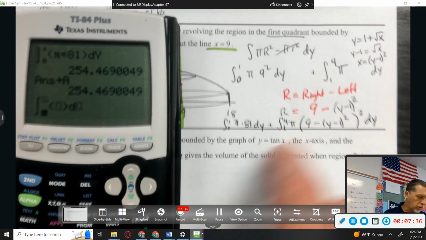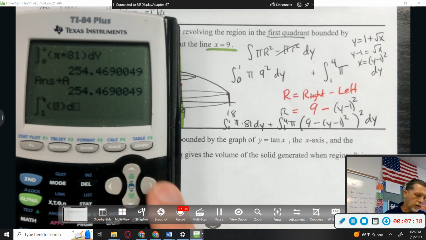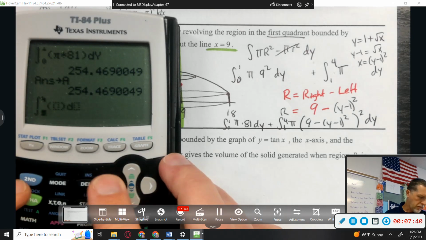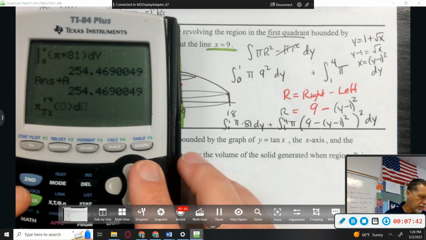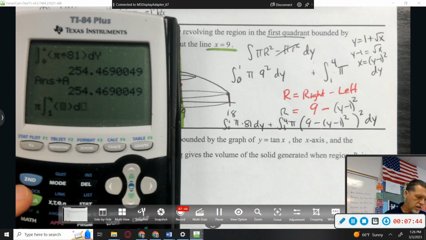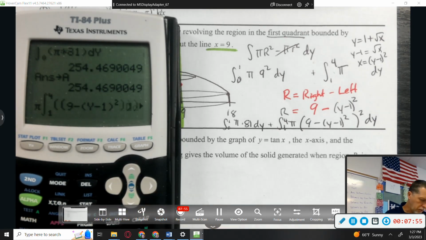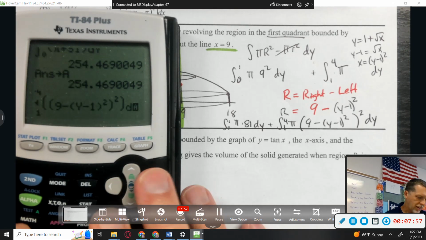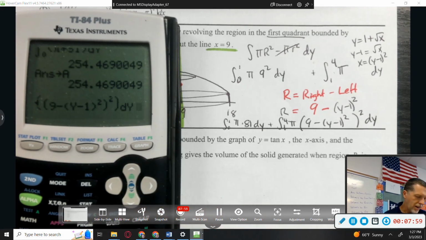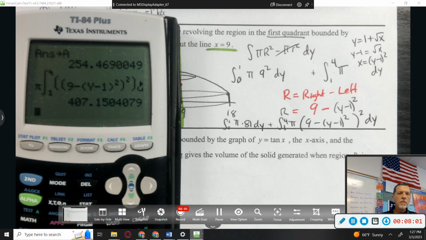So now I'm just going to do the second piece, 1 to 4. I'm going to put the pi out front. Open parentheses, 9 minus parentheses, y minus 1 squared, close parentheses, squared, dy. I think that's right.